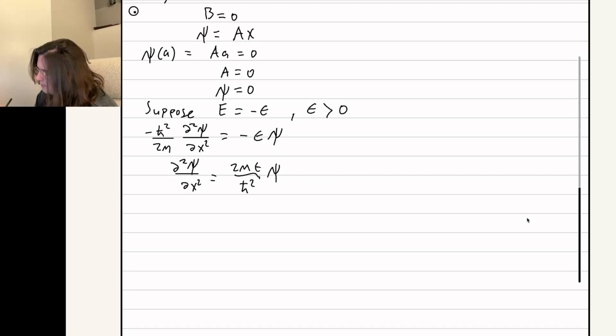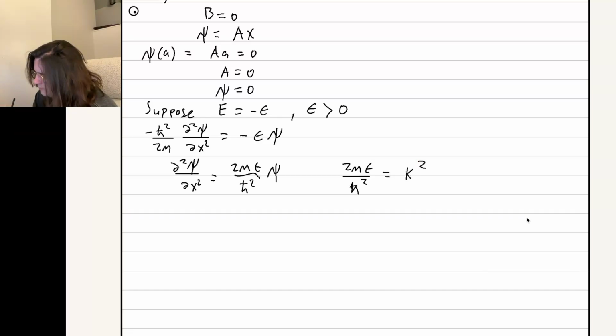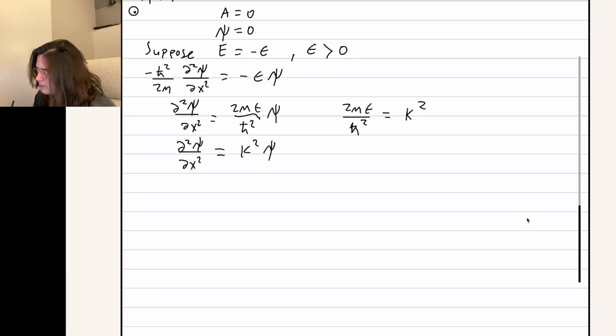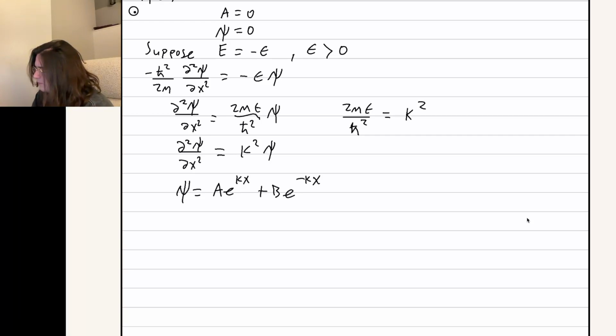And I'm going to define 2m epsilon over h bar squared to be some constant k squared, so that our differential equation is now identical to the Helmholtz equation in one dimension, which famously has solution a e to the kx plus b e to the minus kx, where a and b will be determined with boundary conditions.